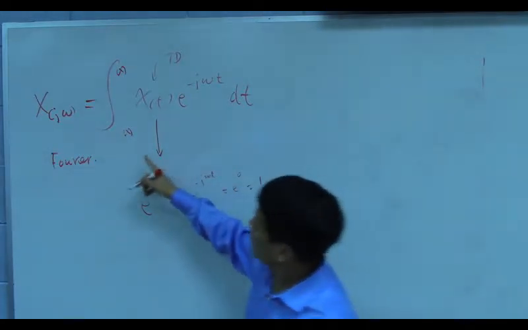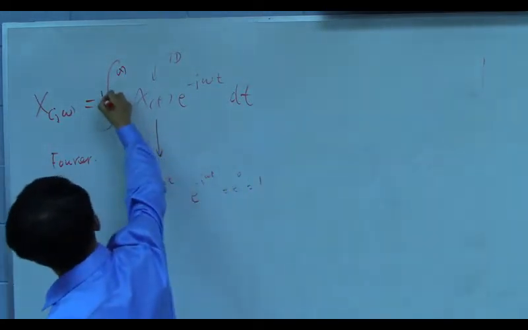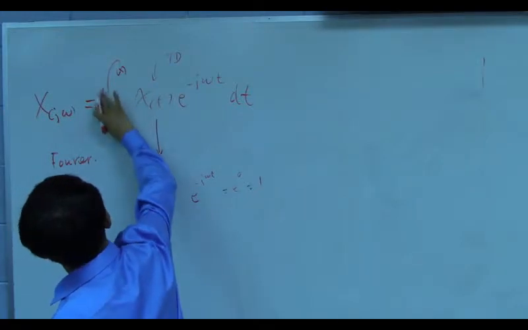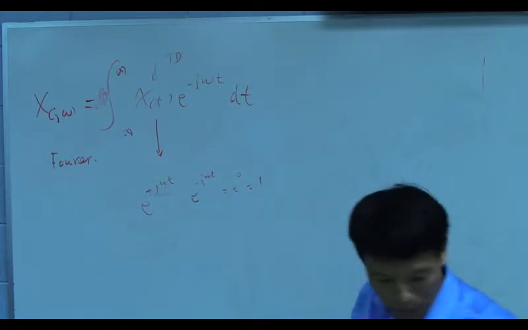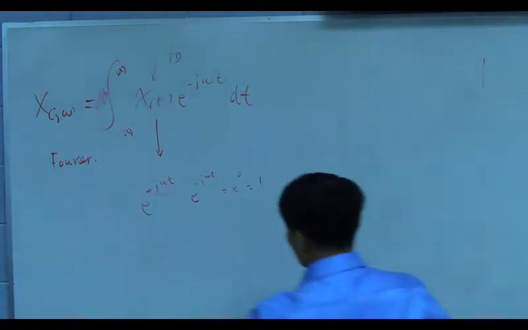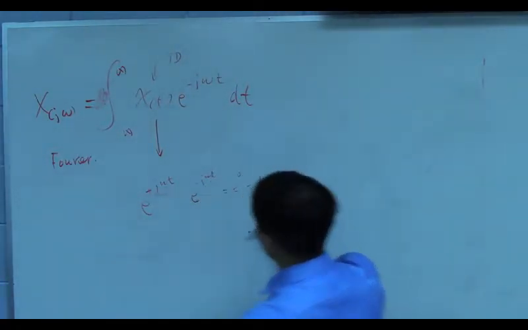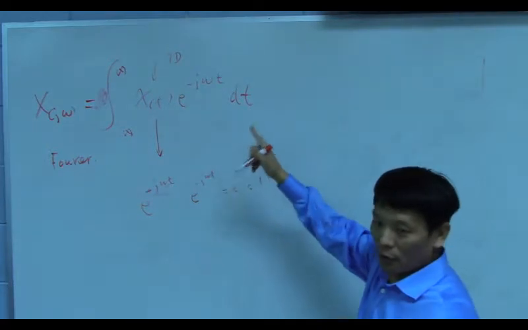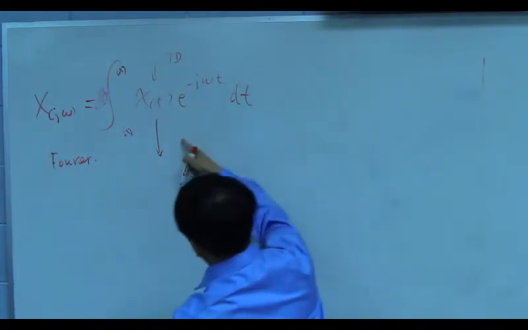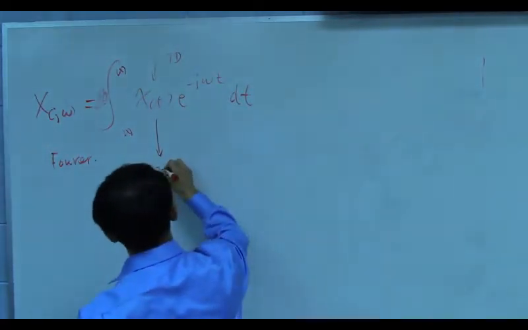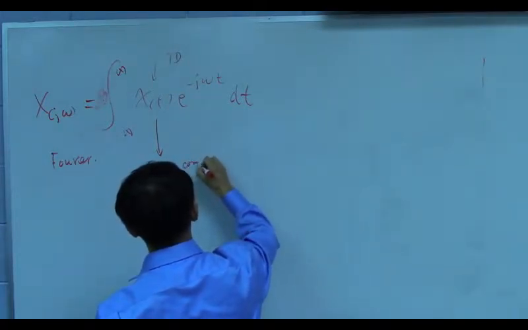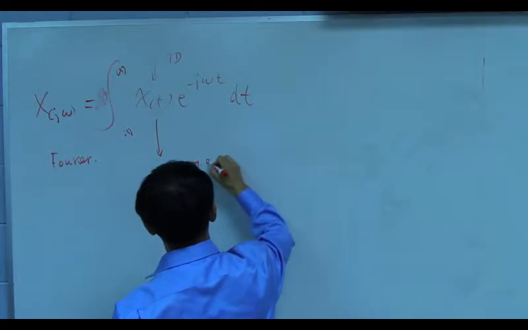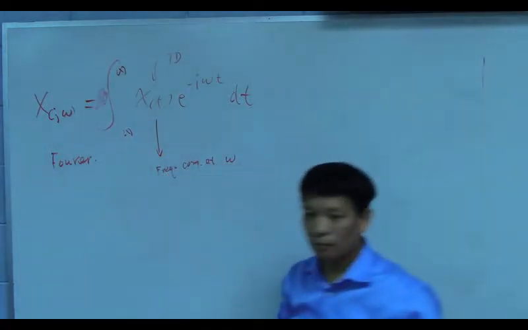And if you take the integral, in mathematics we have a lot of definitions, so we can just use this one. We are going to get a non-zero value for the integration. What this gives us is the frequency component at omega.